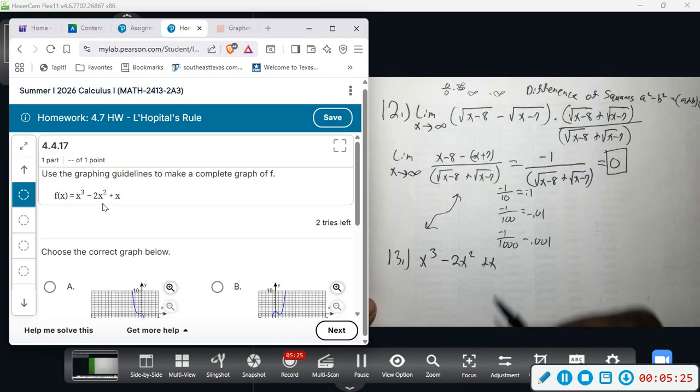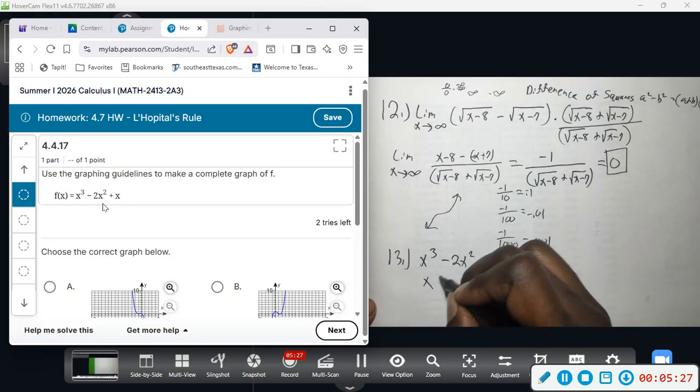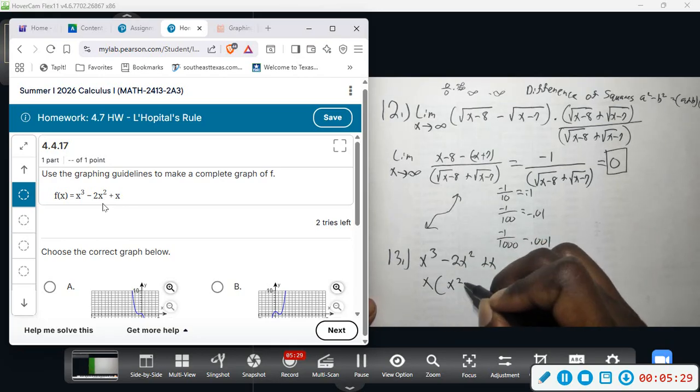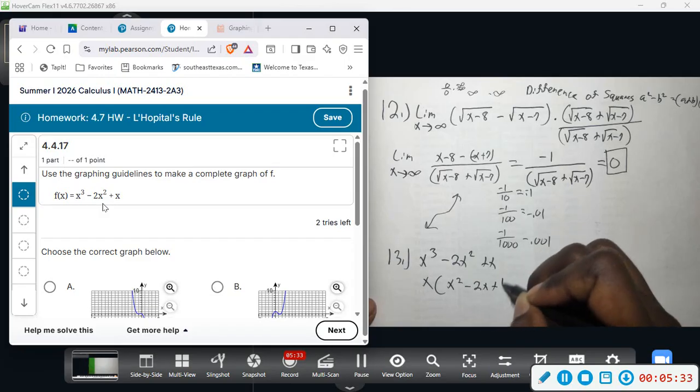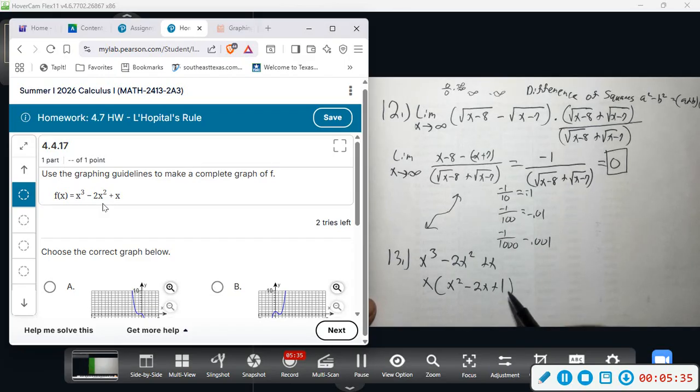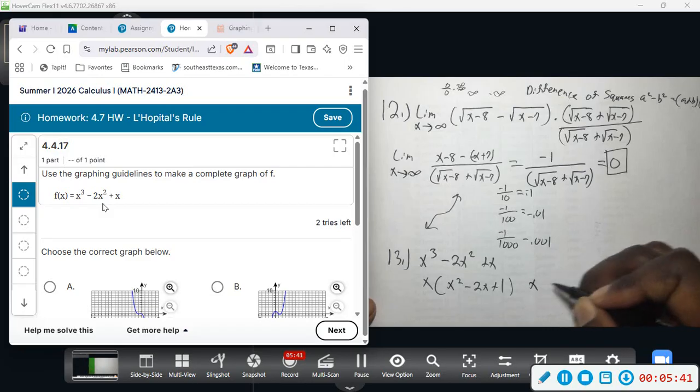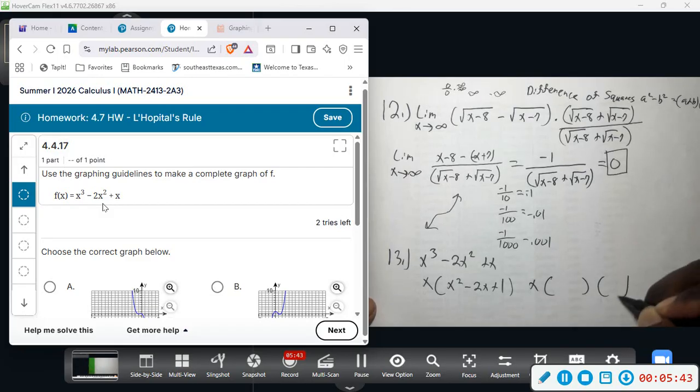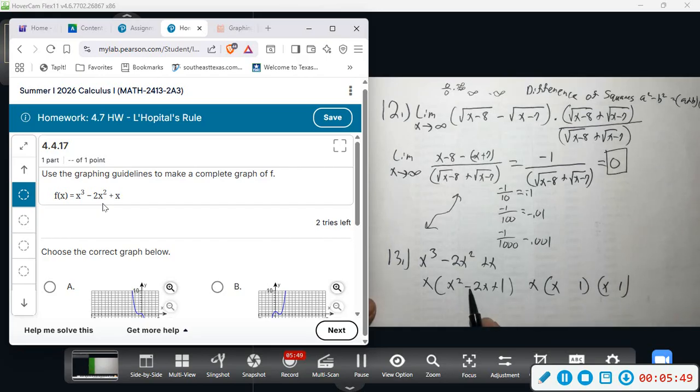If I were to factor this, I can factor out an x, and this will be x squared minus 2x plus 1. We can see 1 times 1 is 1, and you add those, you get 2. It needs to be a negative 2, so both minus.